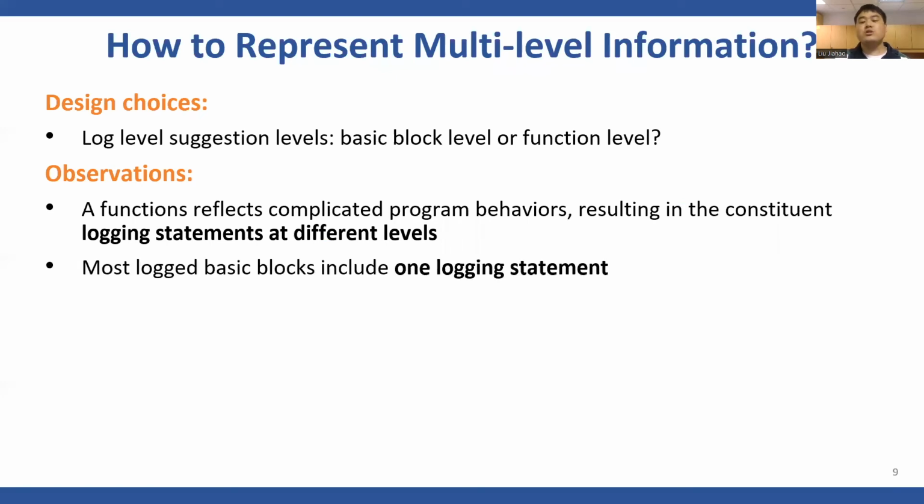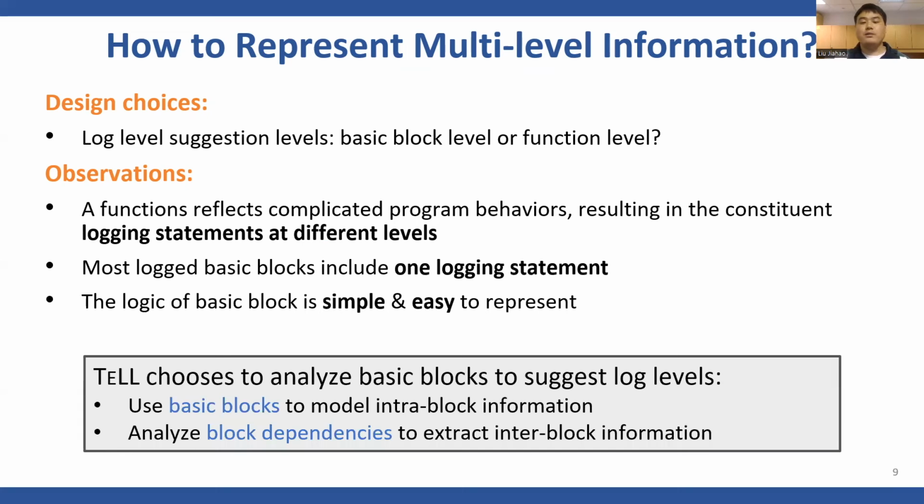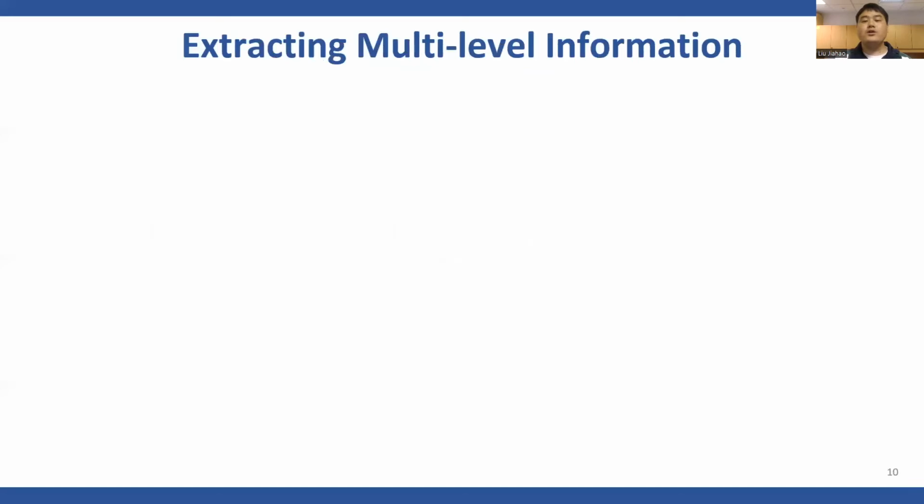Second, we find most logged basic blocks, if not all, include only one logging statement. Last but not least, the logic of a basic block is very simple and it is easy to represent. So it is reasonable for us to use basic blocks and their dependency to represent multi-level block information. Now we need to extract the intra-block and inter-block information.